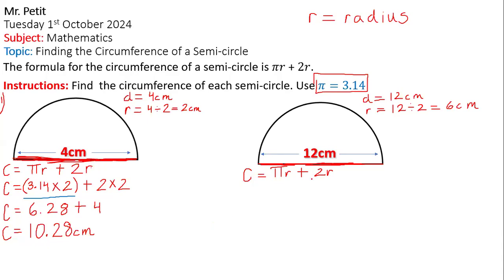Okay, let's substitute. C is equal to, what is pi? 3.14. What is the radius, Paris? 6. Plus 2 times, what is the radius? 6. Very good.